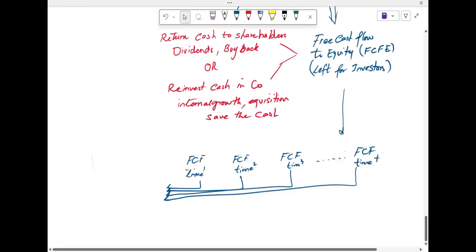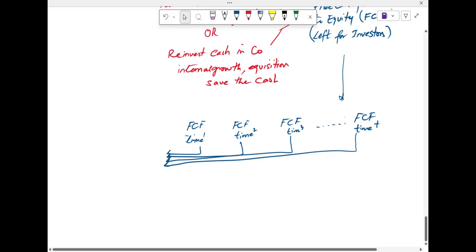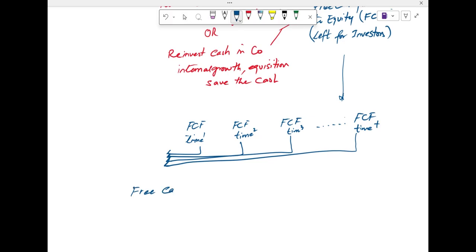valuation of the company. So the formula which is used to calculate the free cash flow is equal to cash from operations, well, this figure, which is CFO, cash from operations, this figure can be obtained from the cash flow statement.